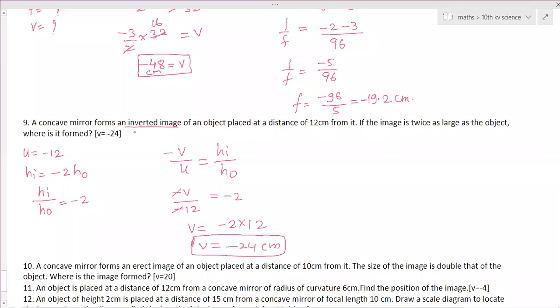Find focal length of the mirror. Ma'am, is focal at minus 8? Yes.